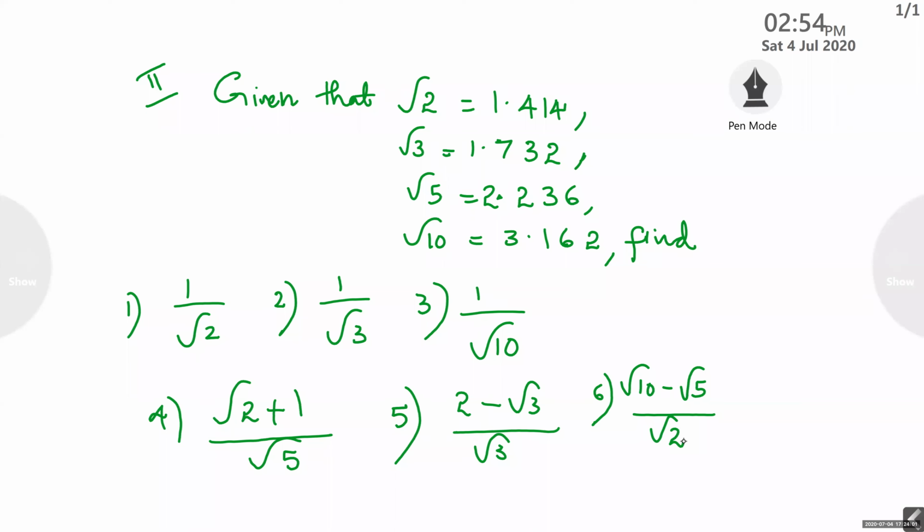Before doing the calculation, you should do the rationalization. First question, which number will you multiply? Root 2. Second? Root 3. Third? Root 10. Fourth? Root 5. Fifth? Root 3. Sixth? Root 2.